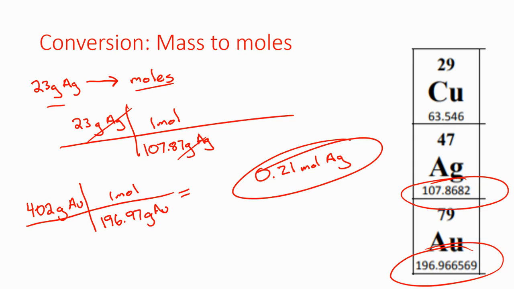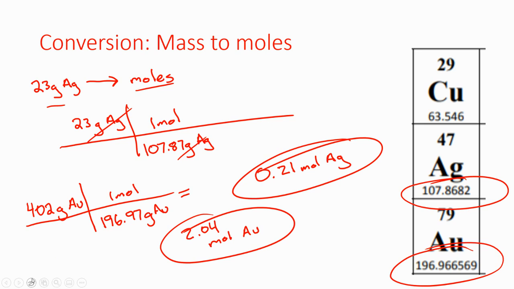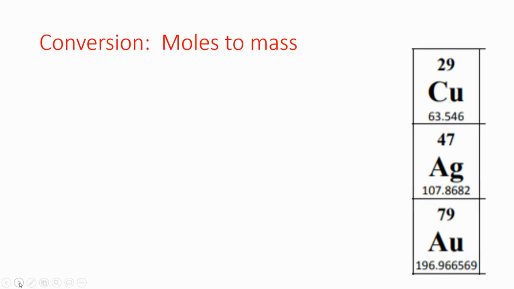And so on my calculator, I'm going to say 402 divided by 196.97, and I get 2.04 moles of gold. That's it.